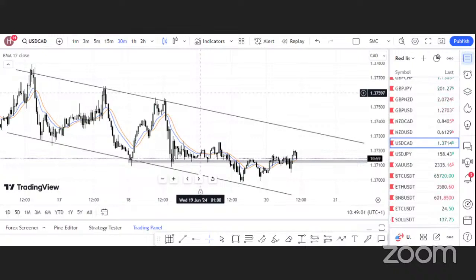So that is why most traders believe that there are traps in the market. There are fake outs. But they are not fake outs. Okay, they are just the market taking out liquidity, as I've explained earlier.